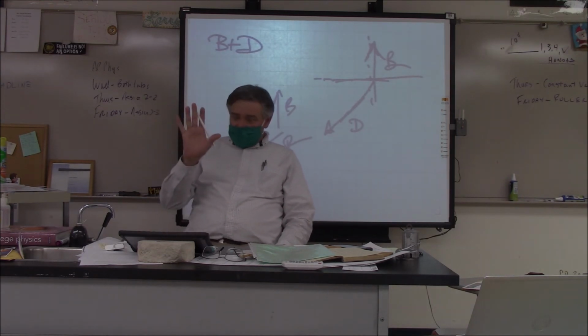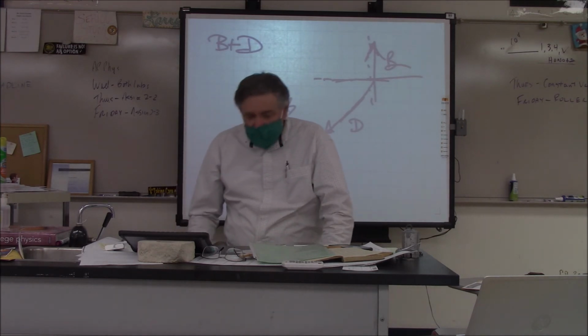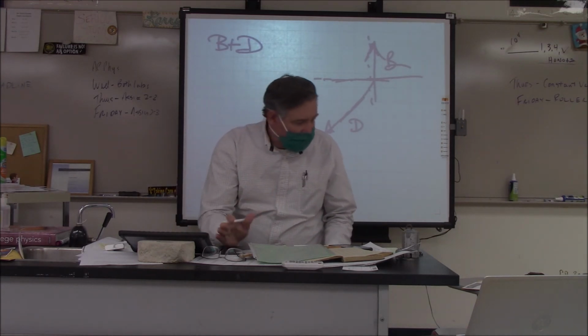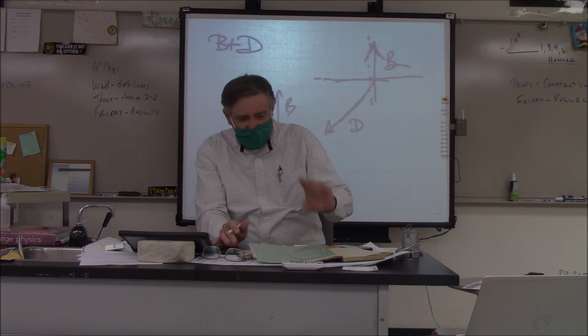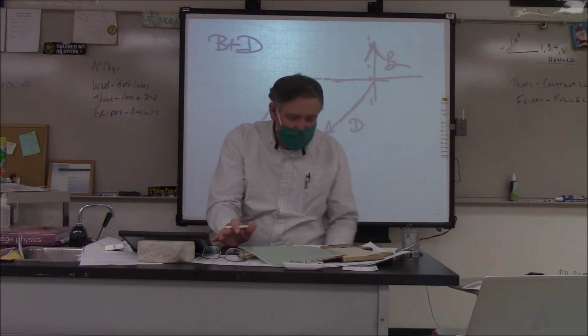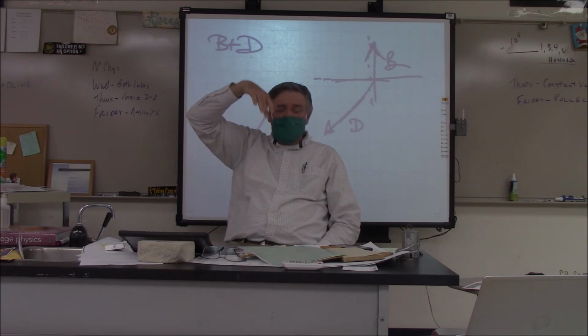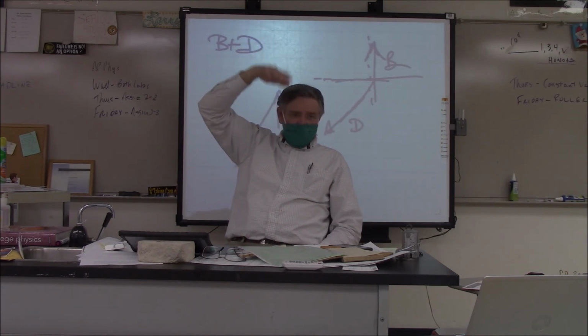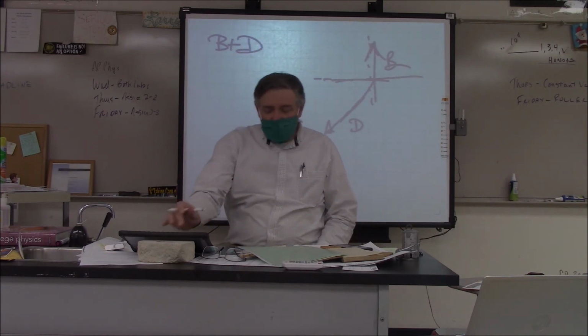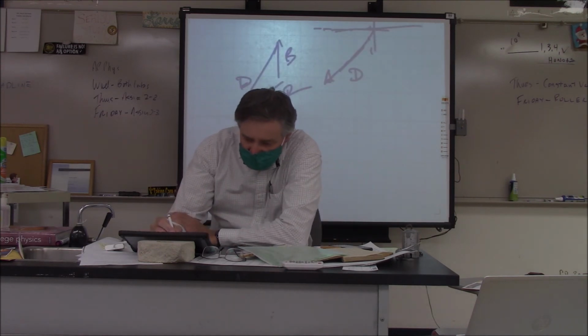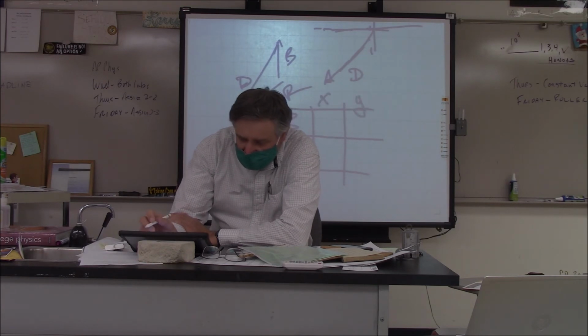So here's what we're going to do. If you look on the sheet of lecture notes that I gave you, which I don't have a copy of, there are these steps that you need to go through. The first step is that you find the individual x and y components. So we're going to draw this chart. We've got B, D, the sum, x, and y.